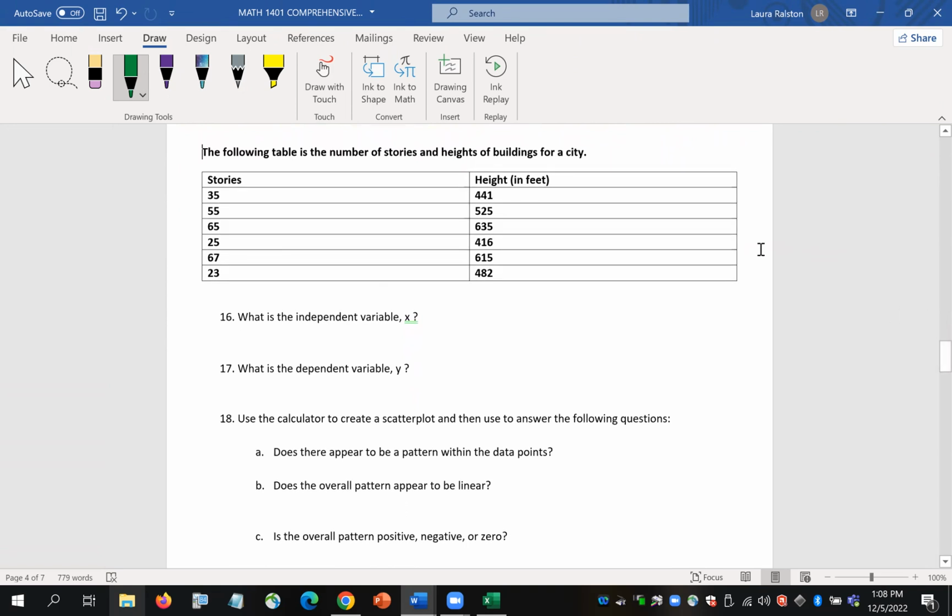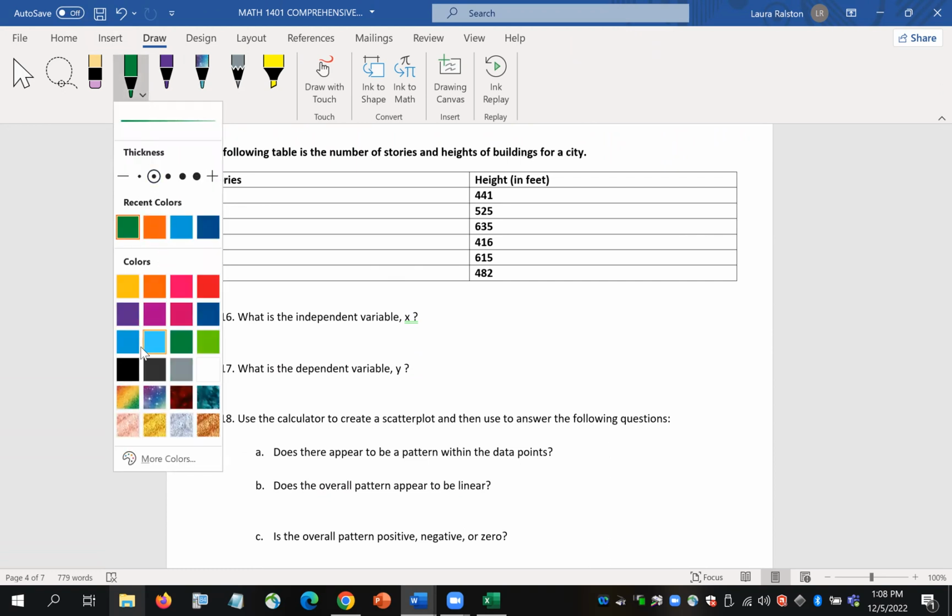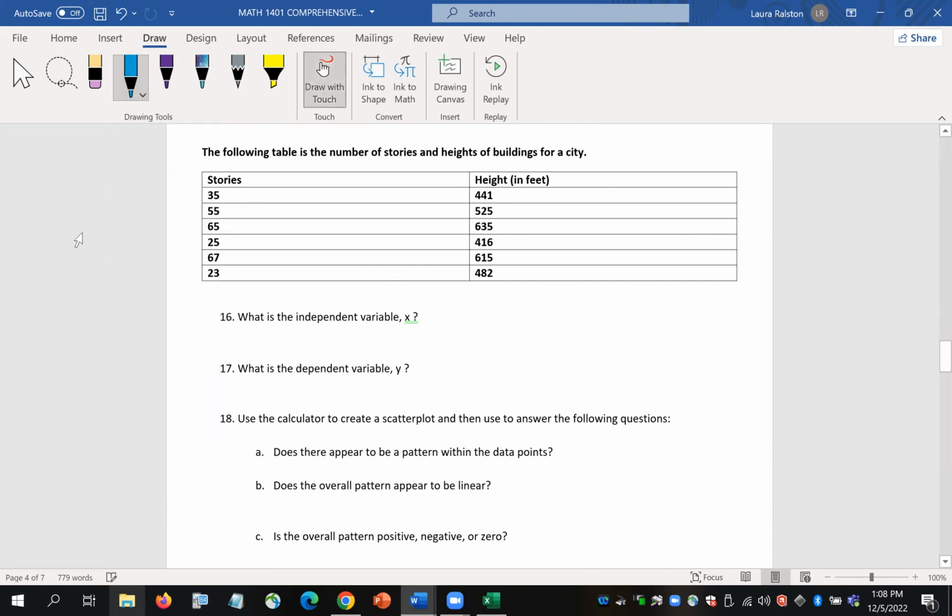All right, the third scenario is correlation and regression.